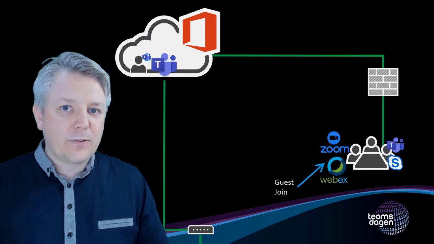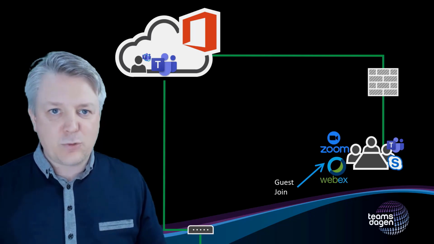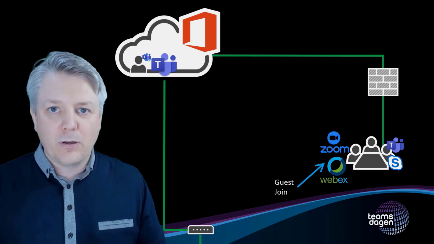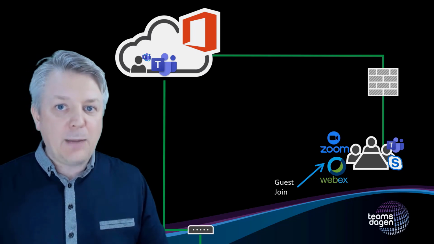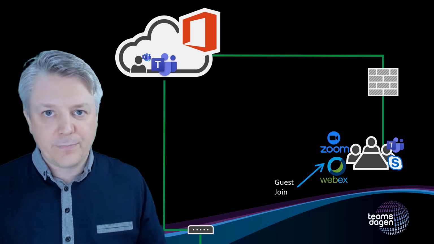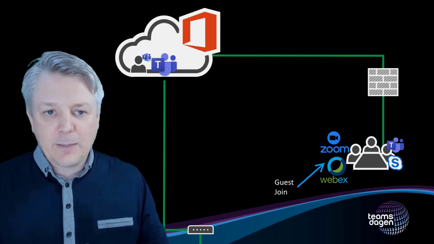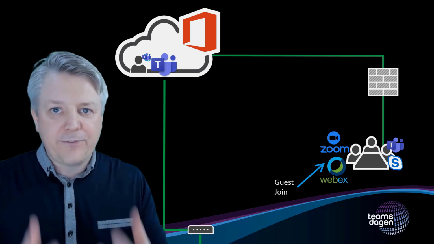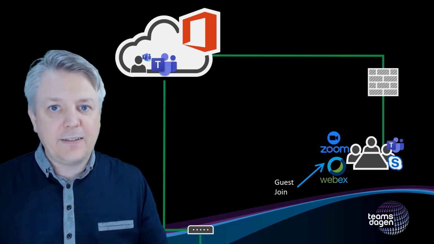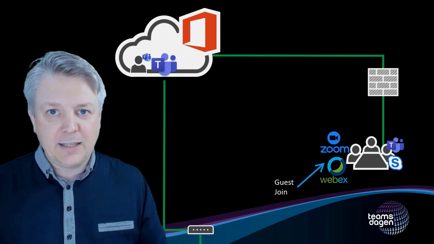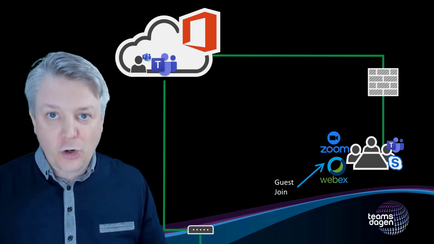Let's talk about Zoom and WebEx as well, because the Teams room on Windows are able to use guest join. How does that work really? Well, the point is that you should be able to be invited to a Zoom call, invited to a WebEx meeting, and then be able to join those.